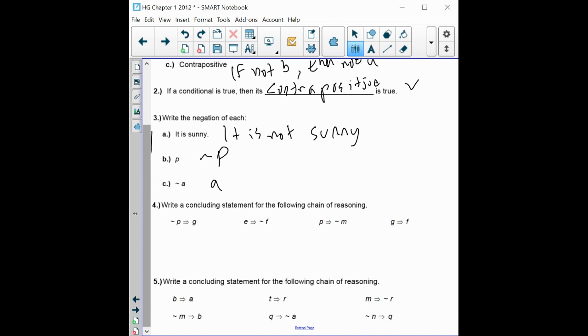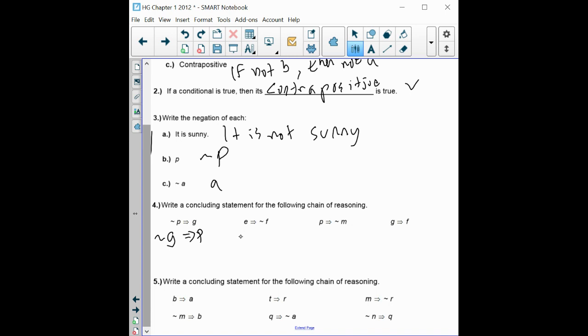So for this first one, if we switch the order and negate both of them, then that statement is also true. So if not P, then G, we'd have not G leads to P.